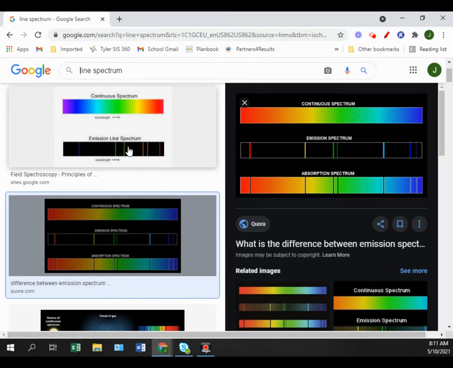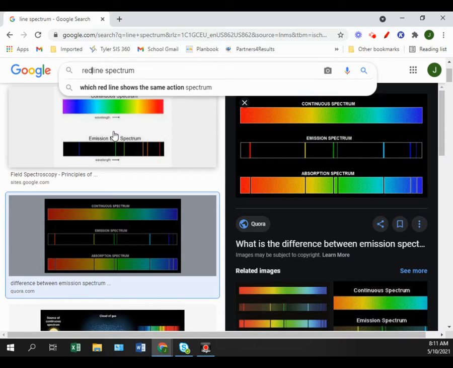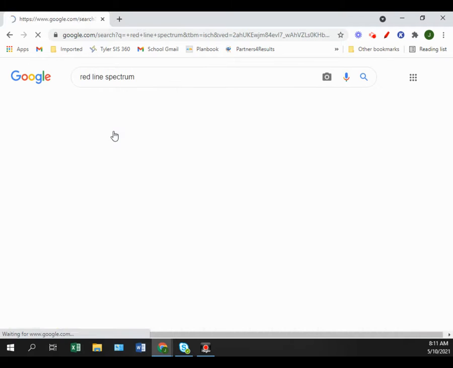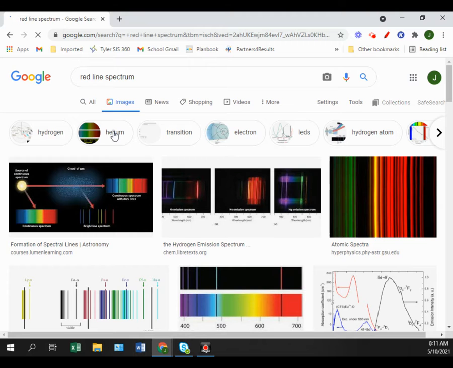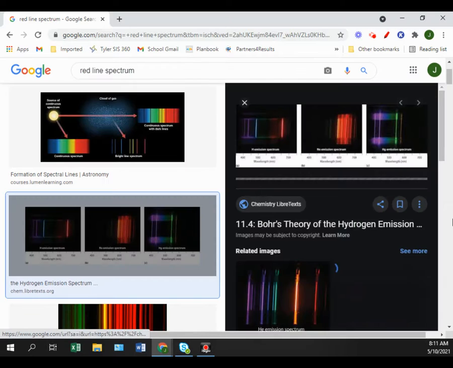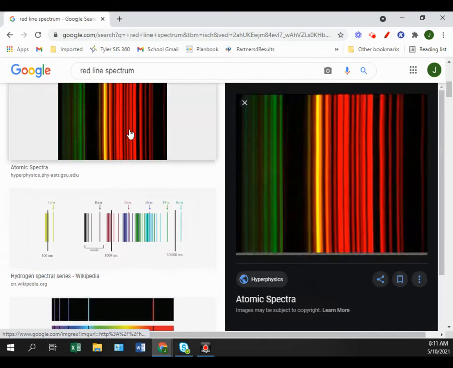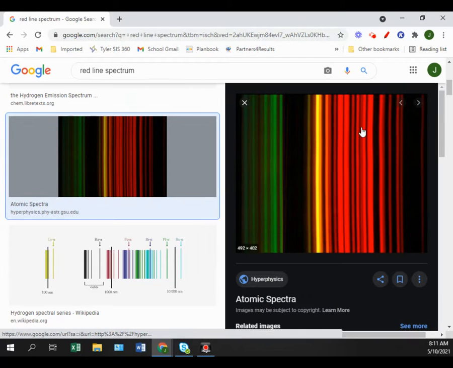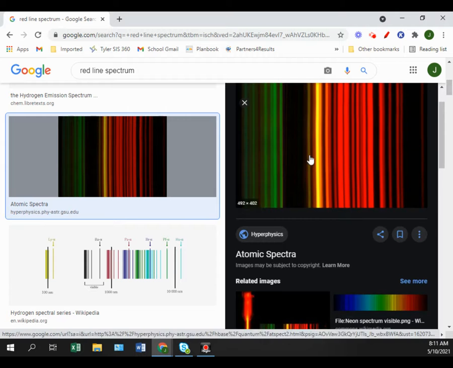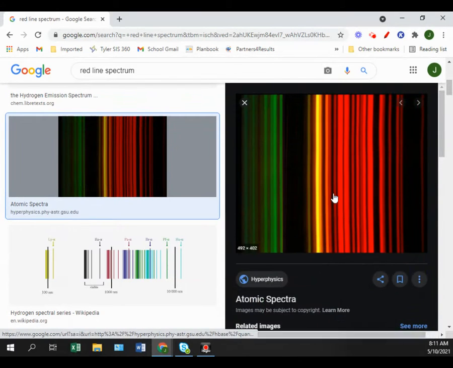Let me see if I can give you a question. A line spectrum of a red color might look something like this, where it combines together to give you red, but these would be all the individual different ones that are there, but it wouldn't be all of them.